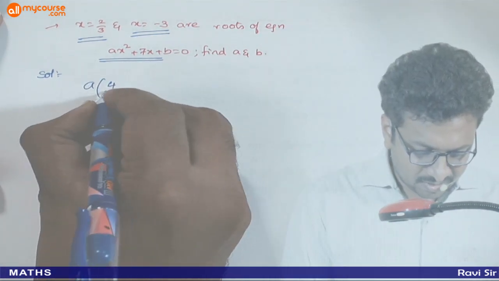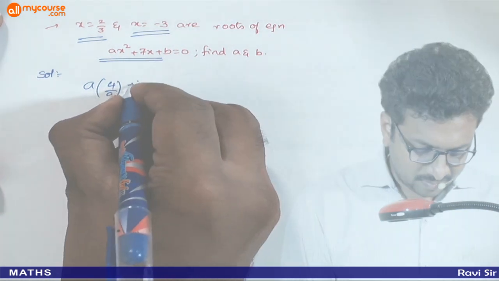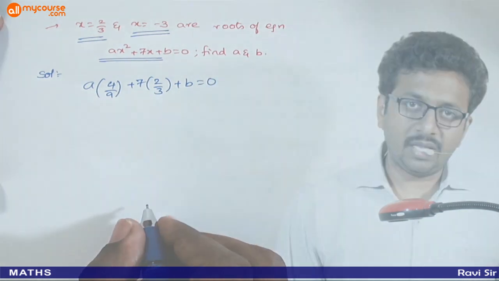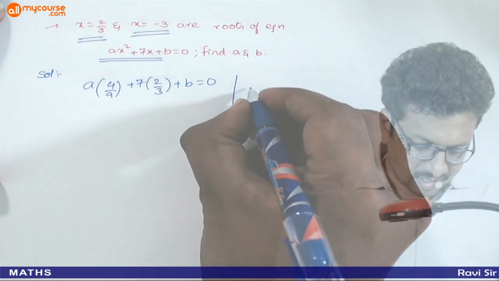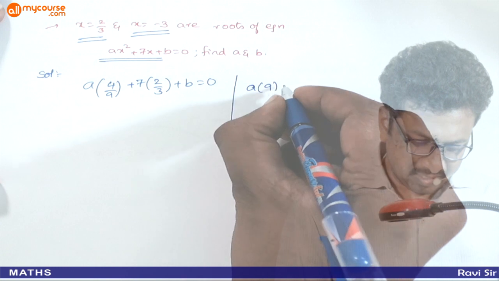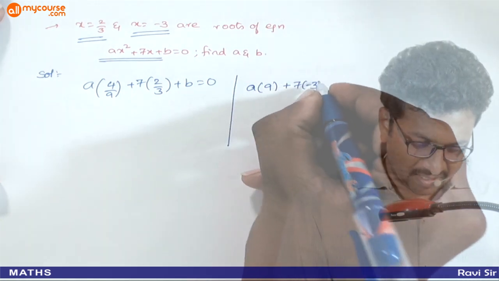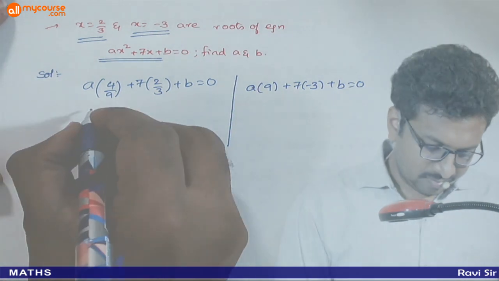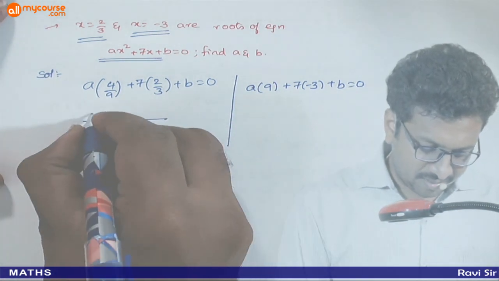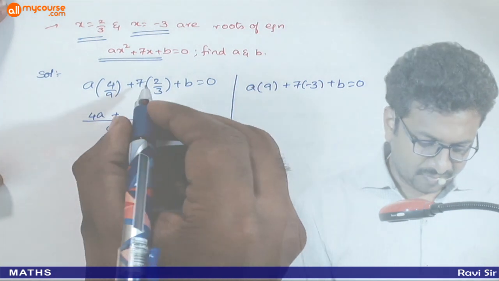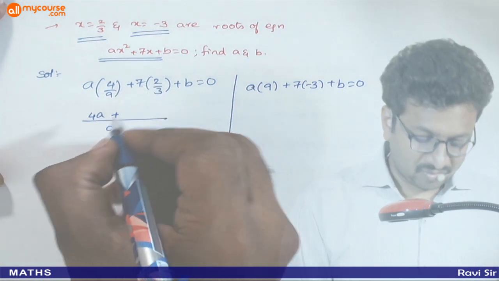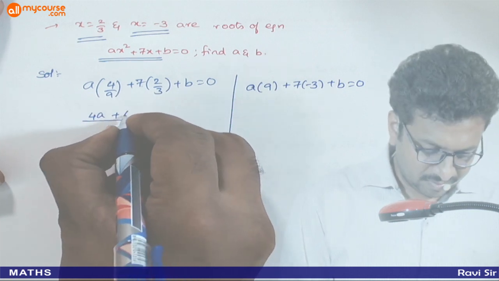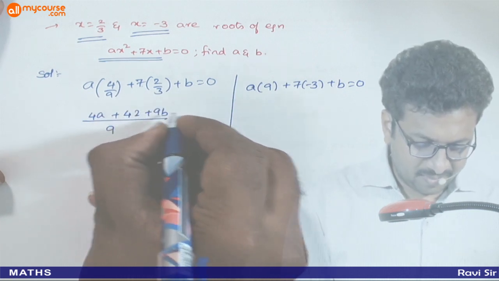a times 4 by 9 plus 7 times 2 by 3 plus b is equal to 0. That's one equation. a times minus 3 whole square is 9, plus 7 times minus 3 plus b is equal to 0. If we take the LCM 9 in the first, we get 4a plus 14 into 3, which is 42, plus 9b is equal to 0.